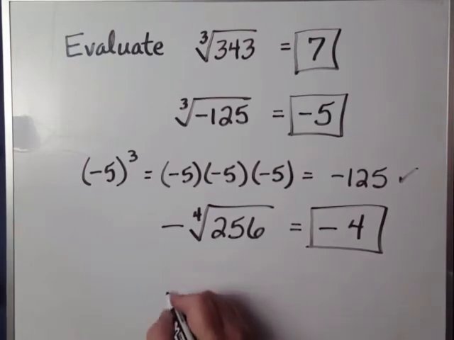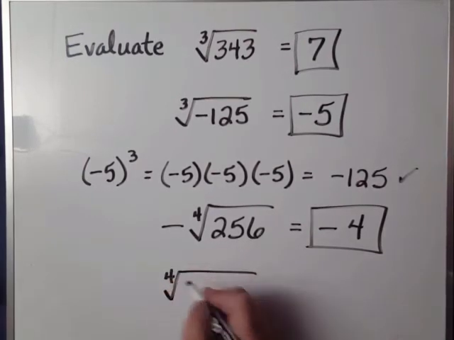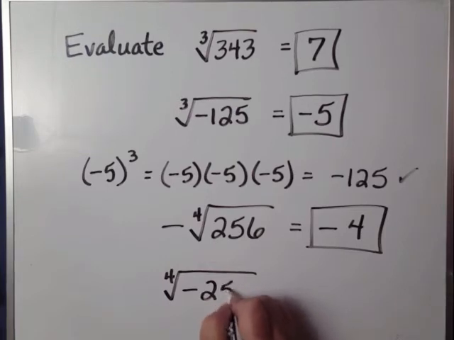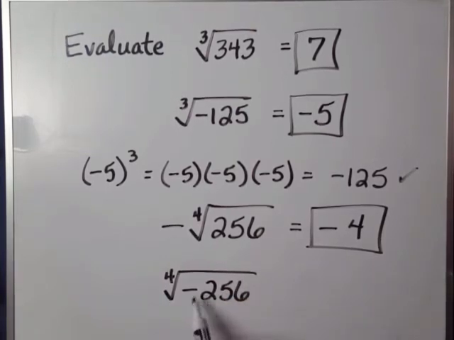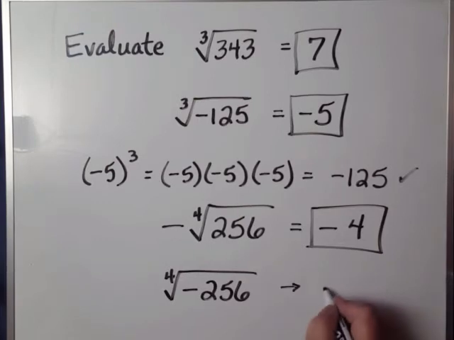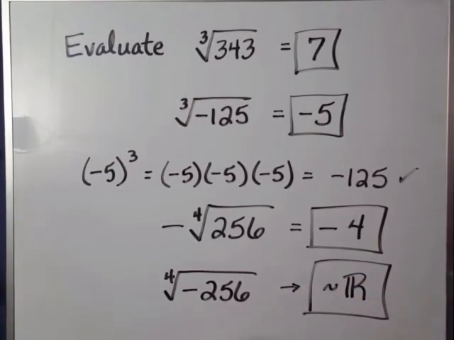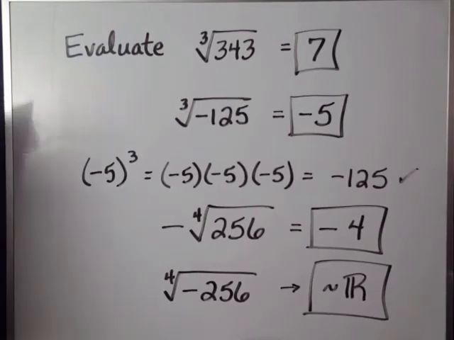Number 84. The 4th root of negative 256. And what did we say? If we have an even index of a negative, that's going to be not real. You cannot take an even index root of a negative number in real numbers.